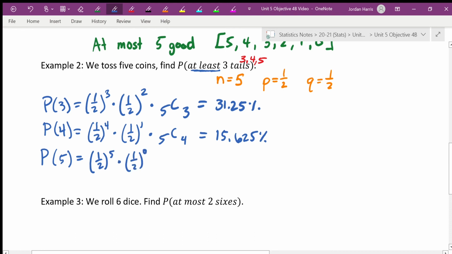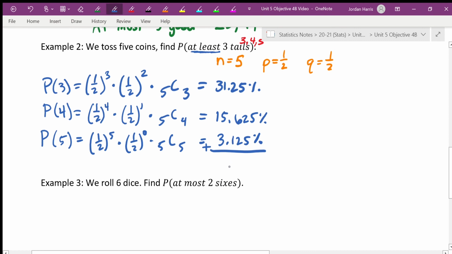Anything raised to the 0 power is just 1. Don't forget that. Times 5C5. And so that's 3.125%. To get our final answer, we add them all up. We type these all into our calculators, we add them up, and it actually ends up being exactly 50%. There's a 50% chance that if you toss 5 coins, you will get at least 3 tails.